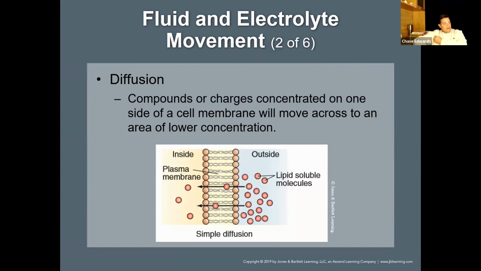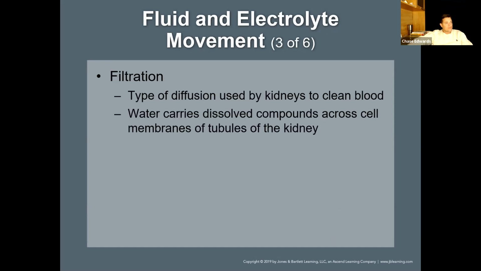And this is where we get into diffusion. So filtration is a type of diffusion that's used by the kidneys to clean the blood. Water carries dissolved compounds across the cell membrane of the tubules of the kidney, where the dissolved compounds are going to be trapped.